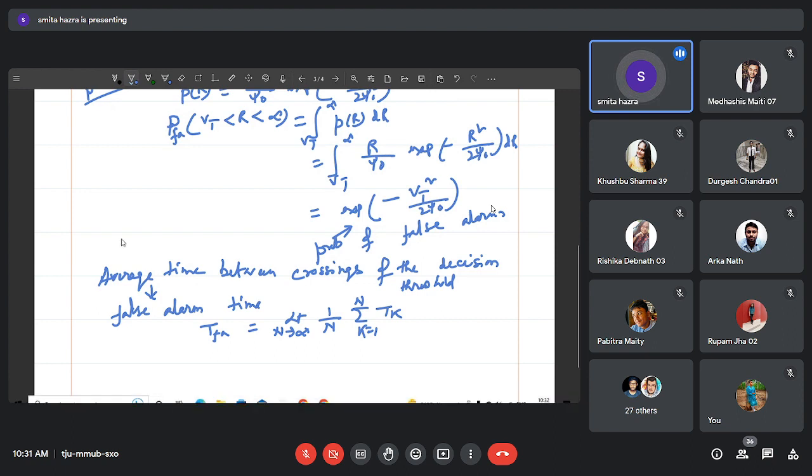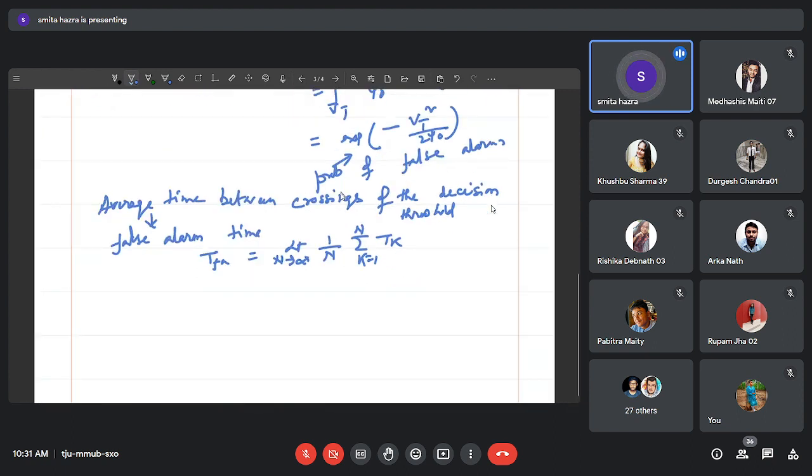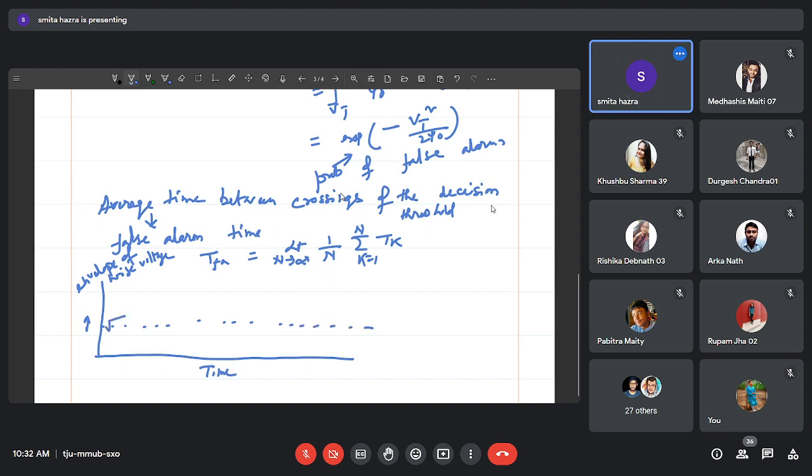To get the reference of these things, let us follow this time map. This is your time scale and this is your envelope of noise voltage. This is your root psi level.